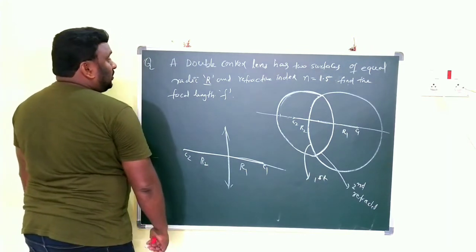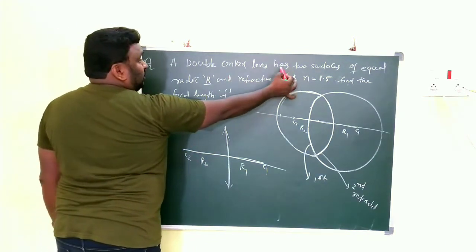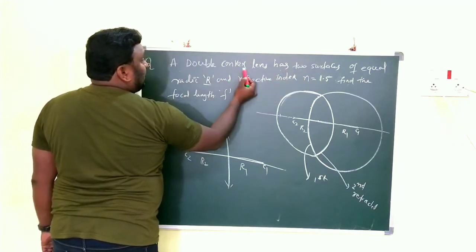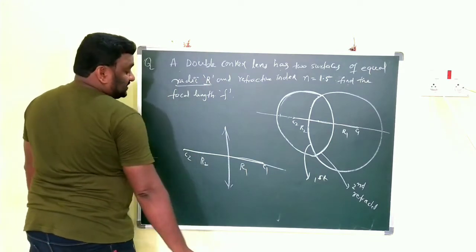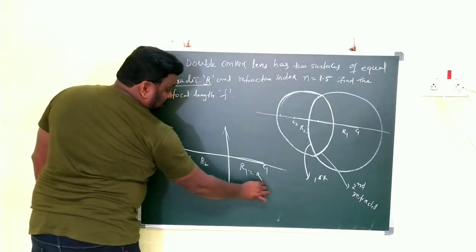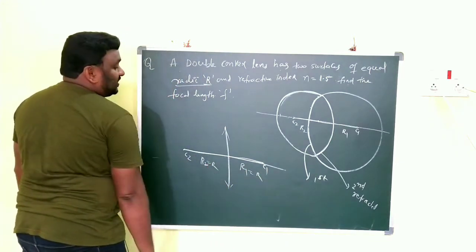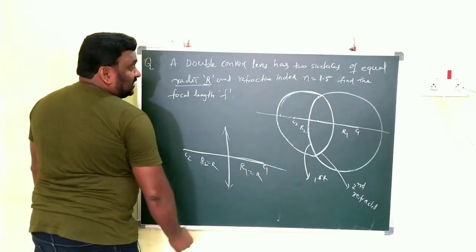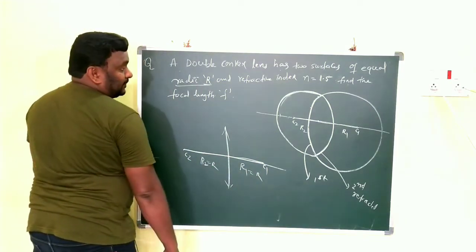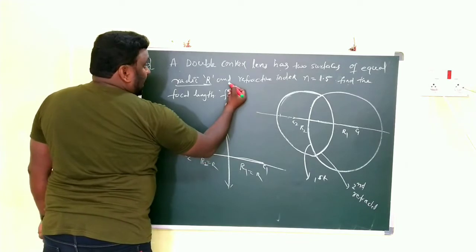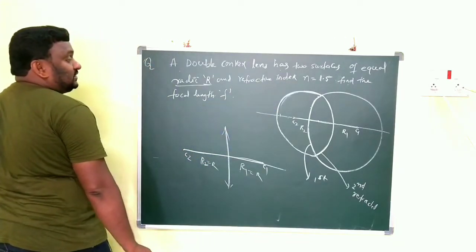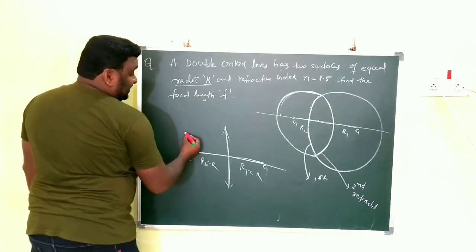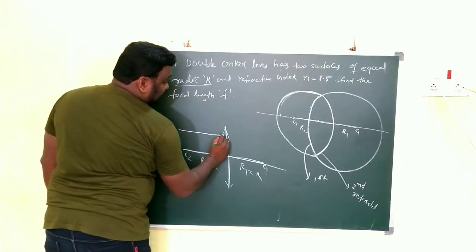In that problem, what was given? A double convex lens has two surfaces of equal radii. That means R1 is equal to R and R2 is equal to R. The refractive index is n equals 1.5. Find the focal length f. Here, children, the incident ray is moving in this direction.